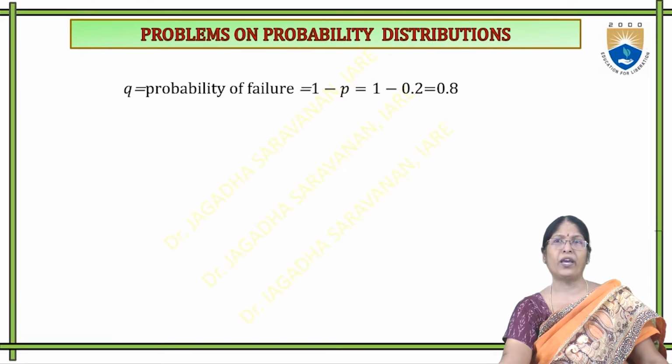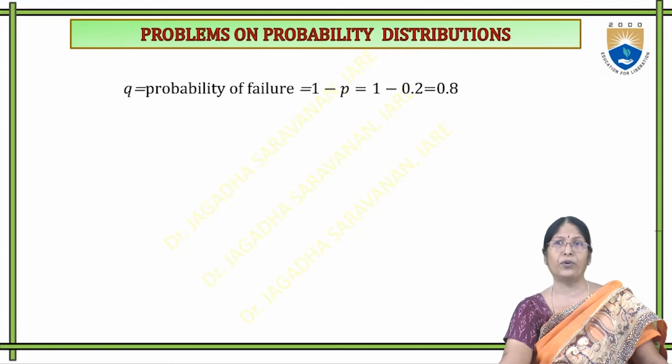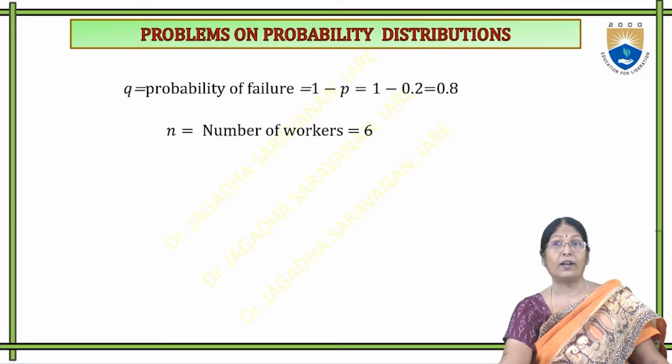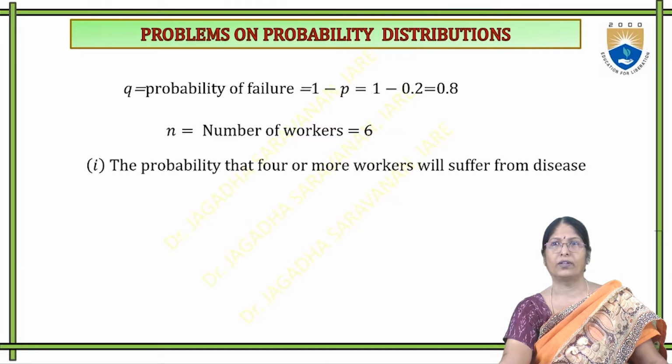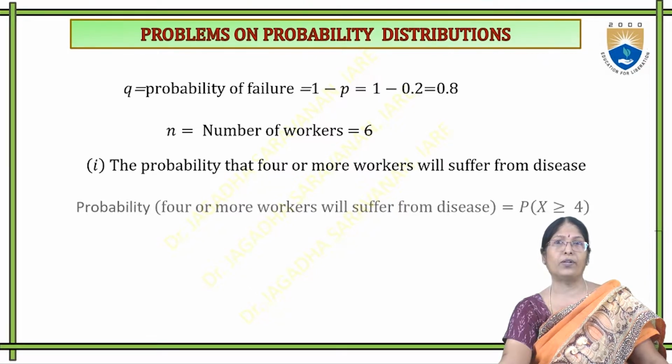Q, if you obtained P, it is very easy for us to calculate Q. So 1 minus P, which is equal to 1 minus 0.2, is 0.8. N: randomly we are picking 6 workers. Then what is the question we are expected to do? The probability that 4 or more workers will suffer from disease.